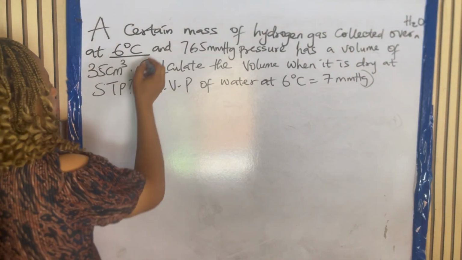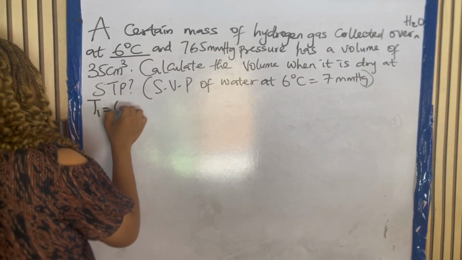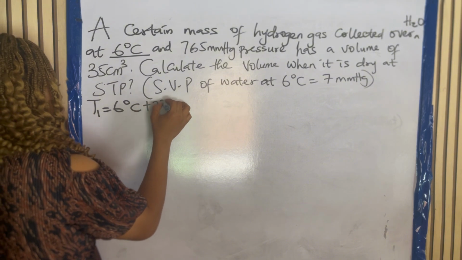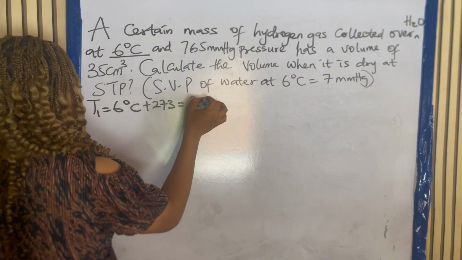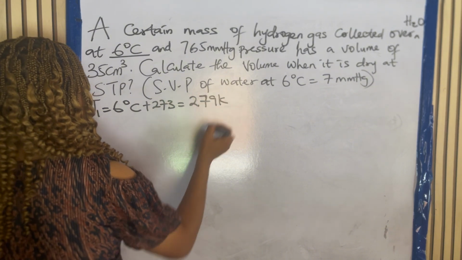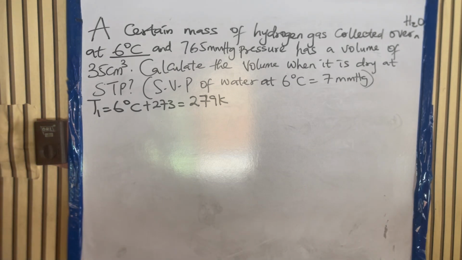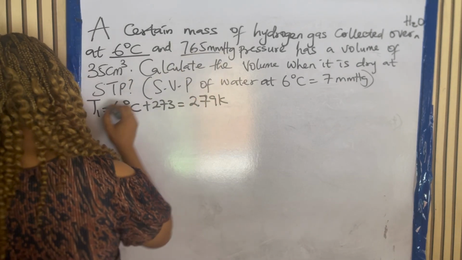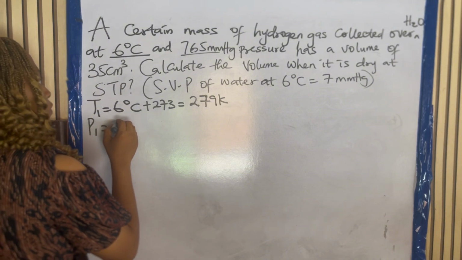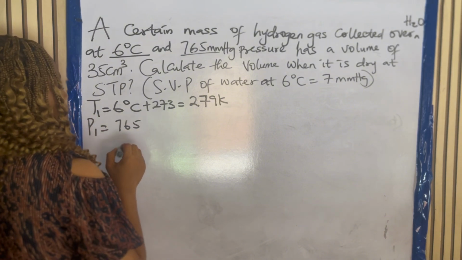So you have that this temperature T1 equals 6 degrees Celsius plus 273, and that will give us 279 Kelvin. And this P1 is 765 millimeter mercury.